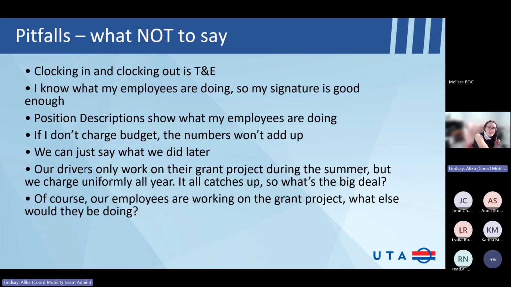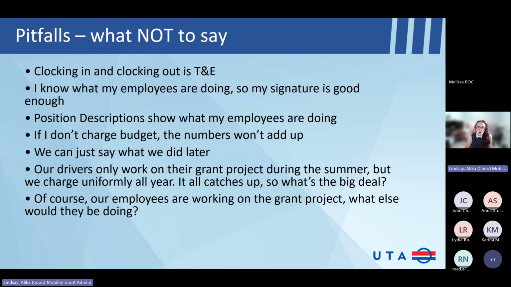Okay, pitfalls. These are things you should not say in an audit. Clocking in and clocking out is time and effort. I know what my employees are doing, so my signature is good enough. Position descriptions show what my employees are doing. If I don't charge to my operations budget, the numbers won't add up. So I don't account for the federal money that I'm getting reimbursed.